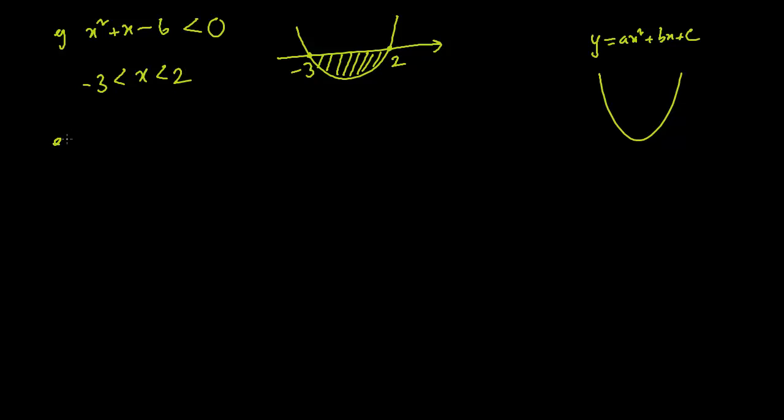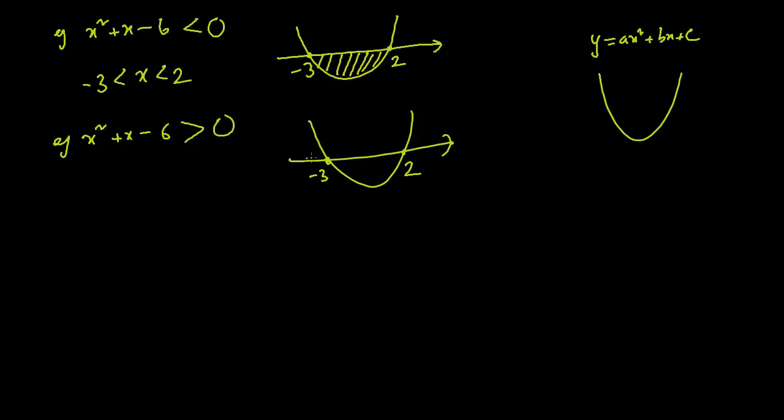On the other hand, if the quadratic inequality is greater than 0, what it would mean is that the critical values are minus 3 and 2, and the parabola is going to be above the x-axis line, in this region and this region. You can see these regions are separate from each other, right?